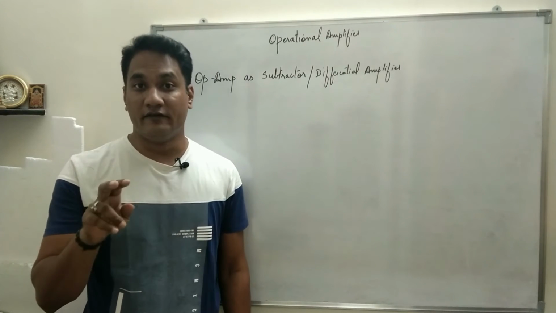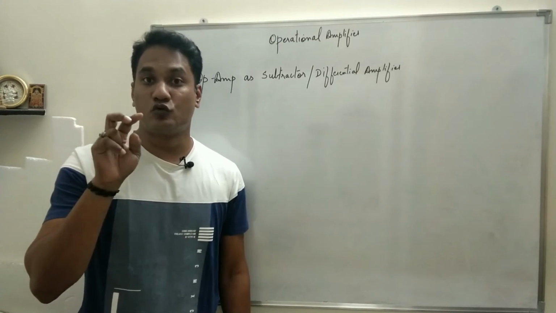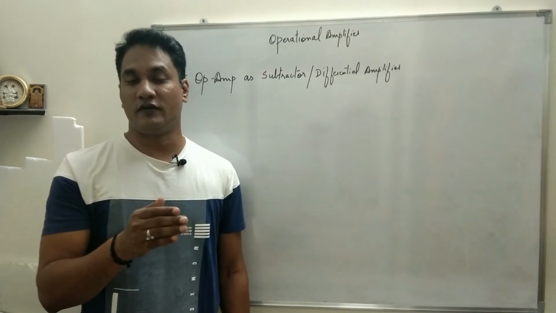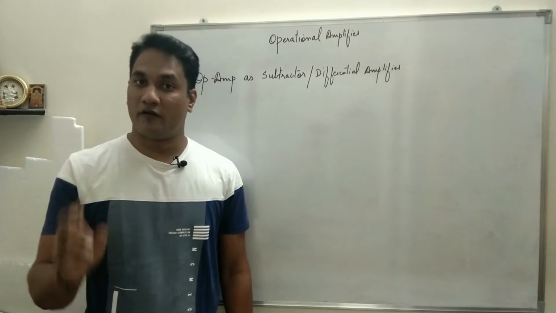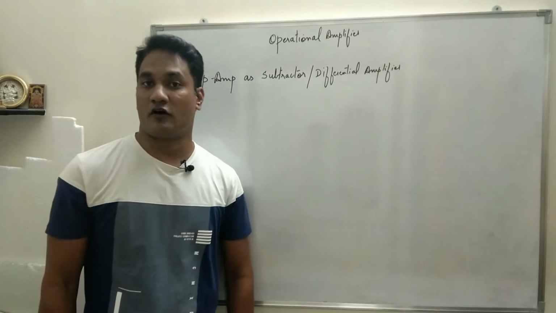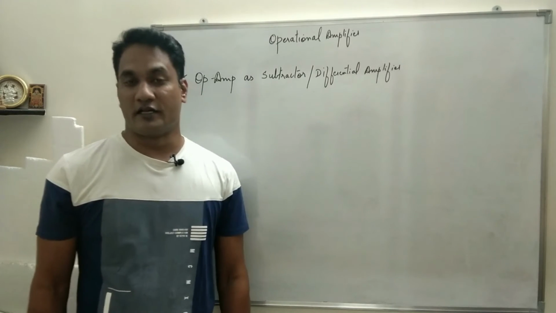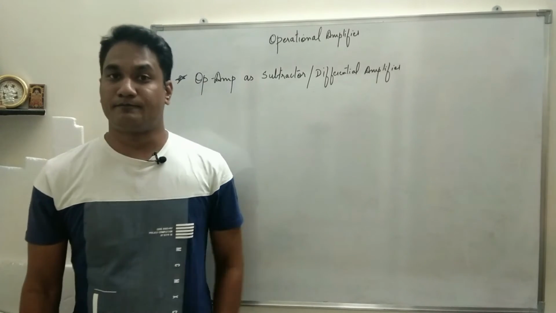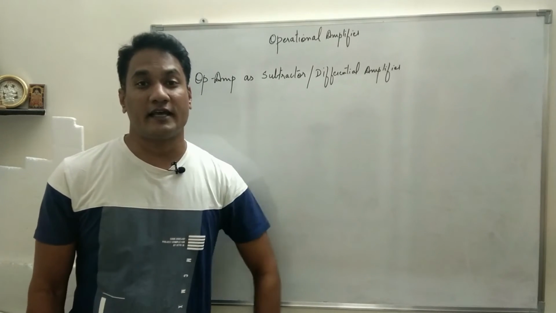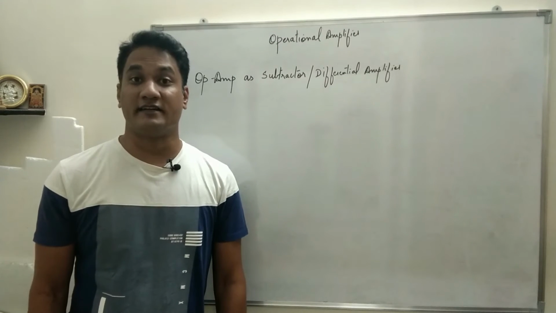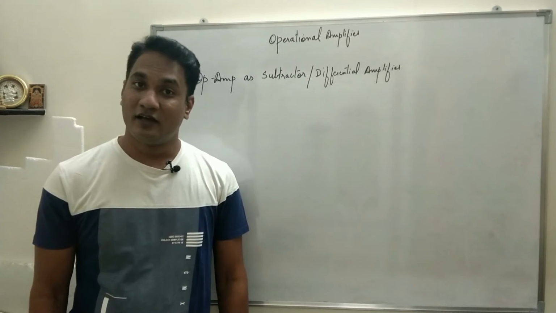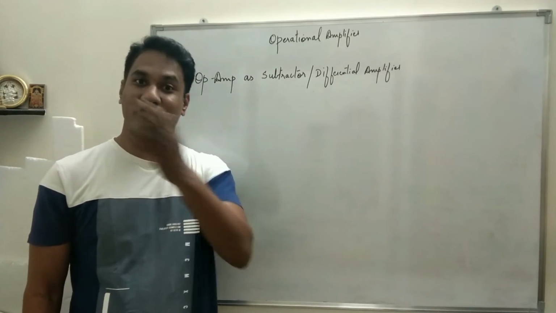Here we will give two inputs, two variables, connected to two different inputs of the op amp. Of course, we know we have two inputs of an op amp, inverting and non-inverting. And if you remember the block diagram of the op amp, the first block of the operational amplifier is a differential amplifier which amplifies the difference between the two input signals.